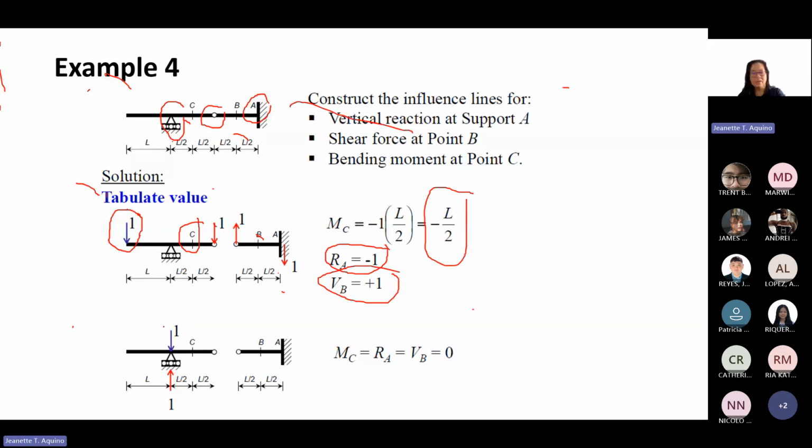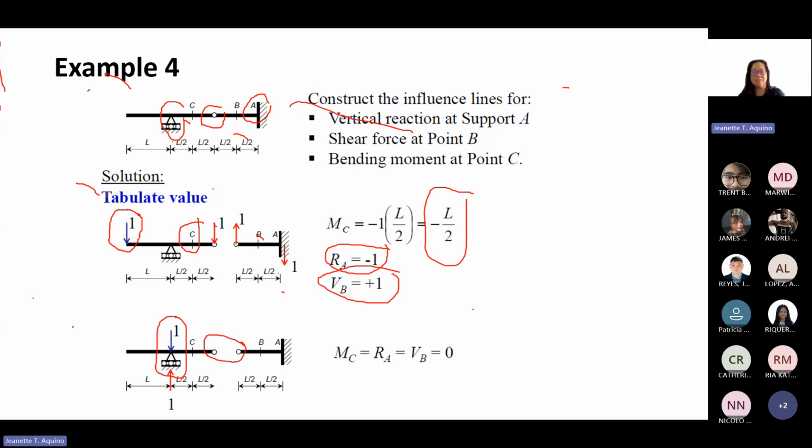so you move the load here, there will be a reaction here. There's no load on this area, so MC will be equal to RA, and MC equals RA equals VB equals 0, all the forces.